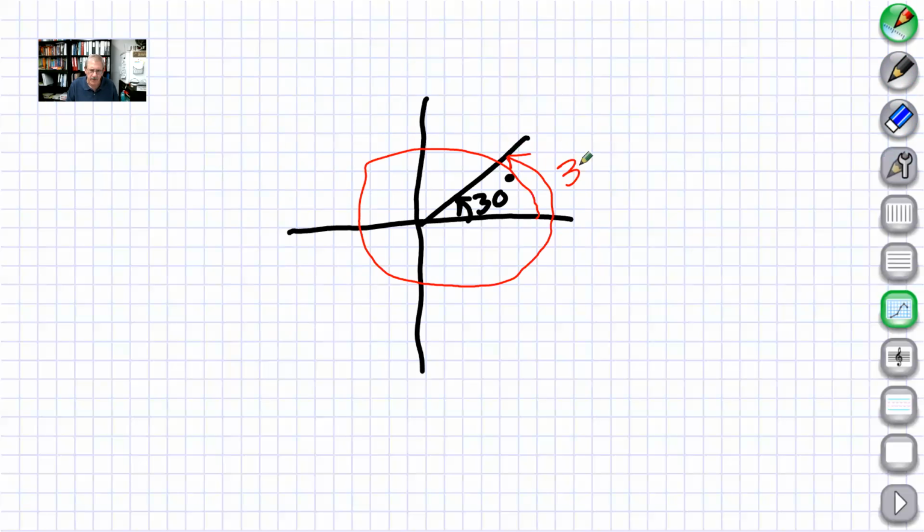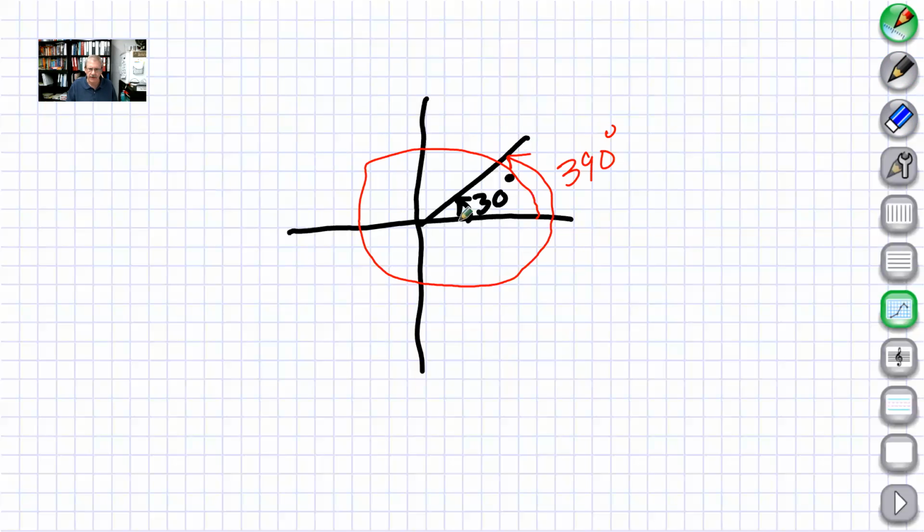And this is a 390 degree angle. So angles don't always have to be under 360. They can be more than 360. They can go all the way around and come all the way back. So that would be a fairly large angle, huh?